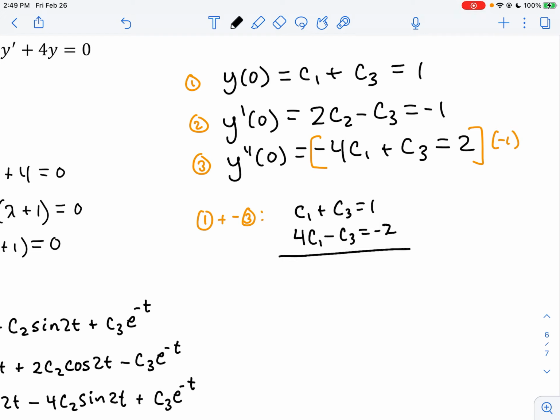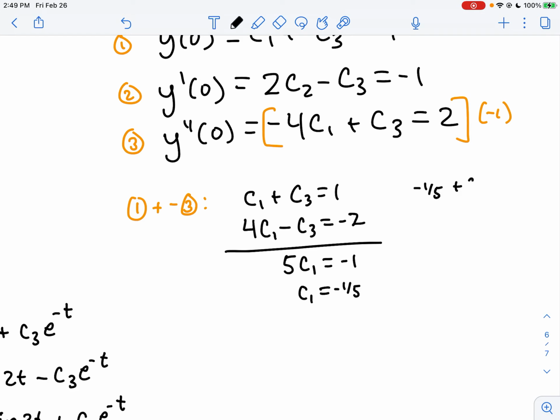The reason I did that was so that I can add the equations together and the c3s eliminate, giving me 5c1 equals -1. So that tells me that c1 is -1/5. And now I can take equation 1 and replace c1 with -1/5 and solve for c3. So we have -1/5 plus c3 has to be 1. So add 1/5 to both sides, and that gives me c3 has to be 6/5.